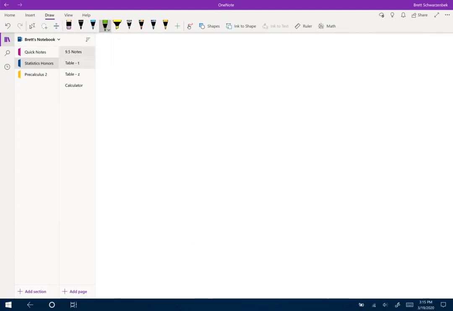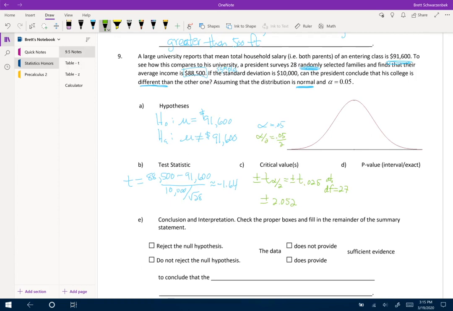All right, so from that, we can create our two critical values here and here. Remember, we reject in the tails. We do not reject H0 in the middle.